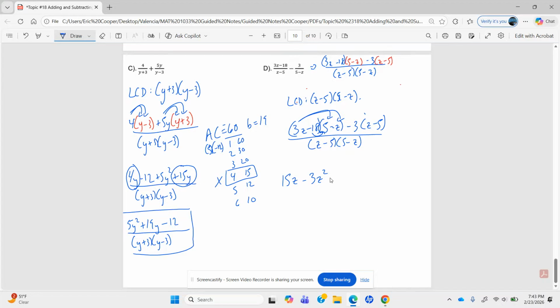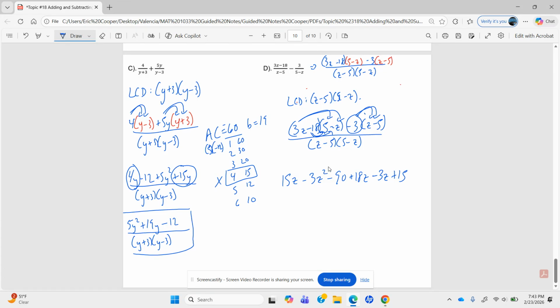Negative 18 times 5, negative 90. Negative 18 times negative z, positive 18z. Negative 3 times z is negative 3z. And negative 3 times negative 5 is positive 15.